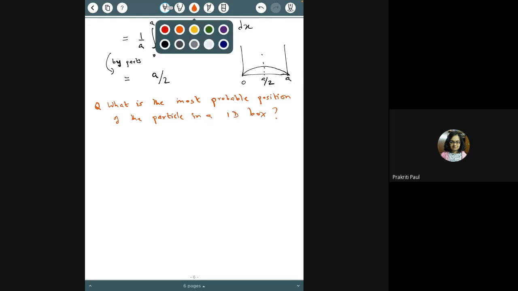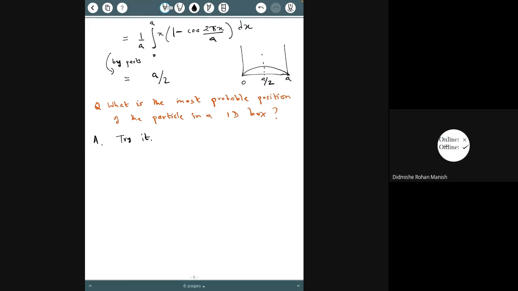So this may seem like a repeat question, but it is not. So in this case, you can work it out. So try it. So how do you think you will try it to find the most probable position? Maxima of the probability distribution function. Exactly. So you can do a maximum of psi star psi, for example, here. And then you can find out the value of x, the most probable position.